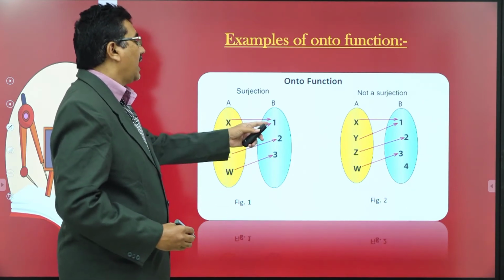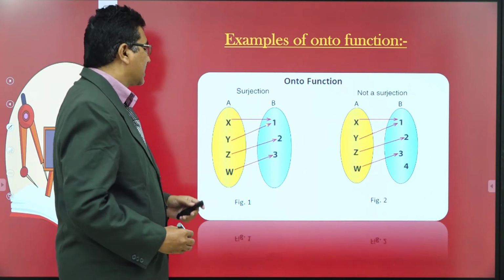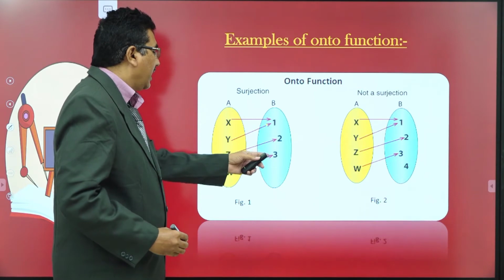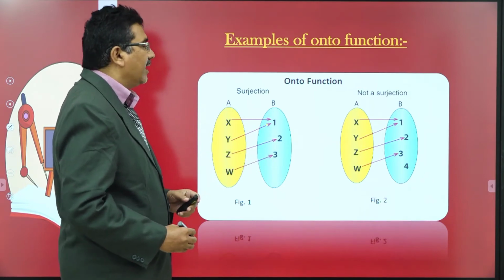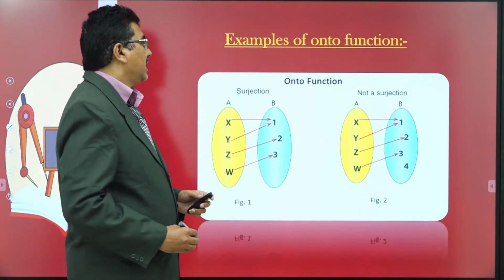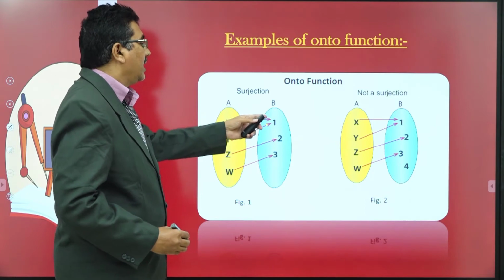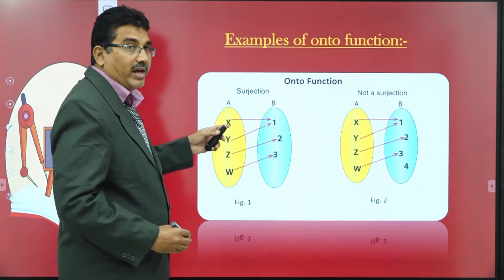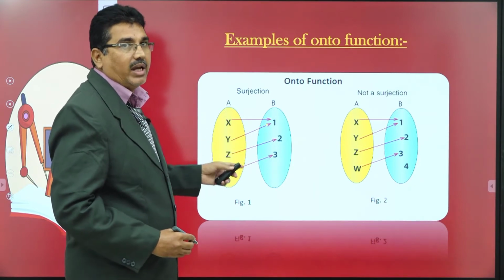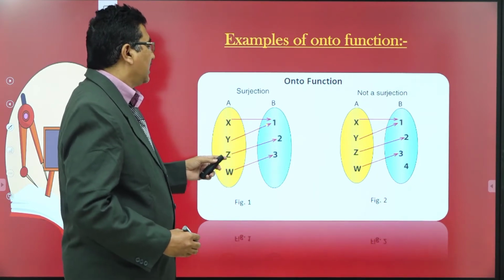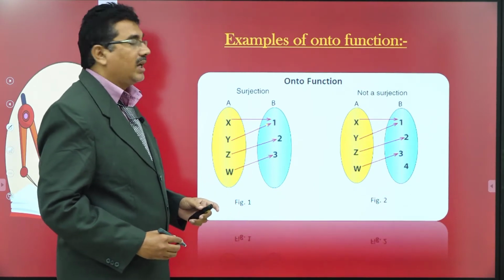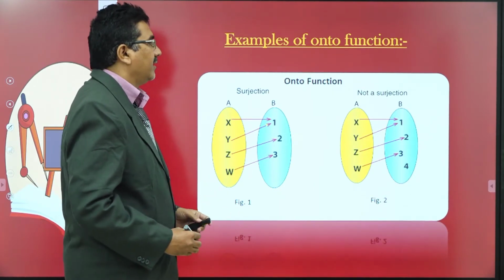Here 1 has two pre-images, 2 has pre-image z, 3 has pre-image w. So, every element in the codomain has at least one pre-image in the domain such that f of a is equal to b, therefore it is a surjection.